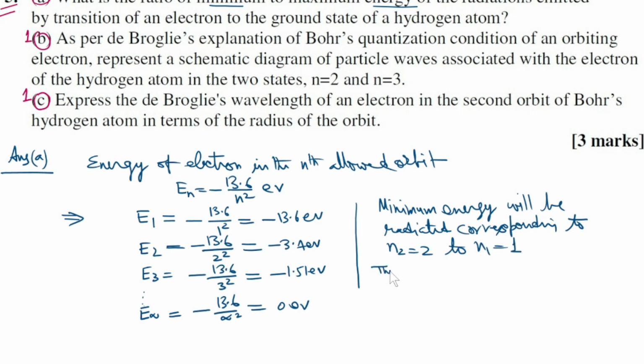Thus, delta E min will be equals to E2 minus E1, equals to minus 3.4 minus minus 13.6, equals to plus 10.2 electron volt.